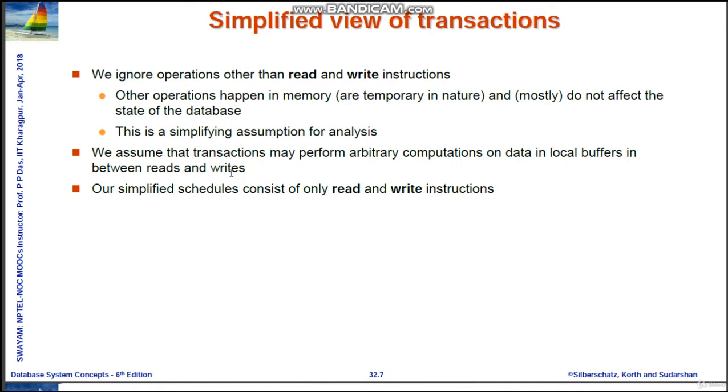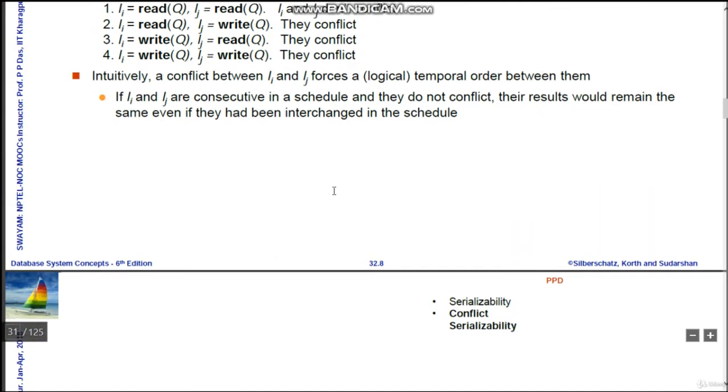When we apply commit, at that time all the information written in the main memory buffer will be copied into our database and deleted from main memory. Okay, our simplified schedules consist of only read and write instructions. So we have seen previously, only read and write operations are there, nothing else.